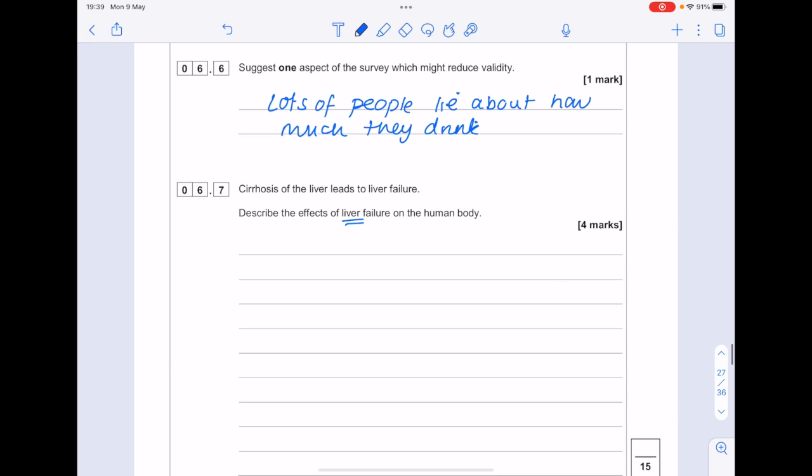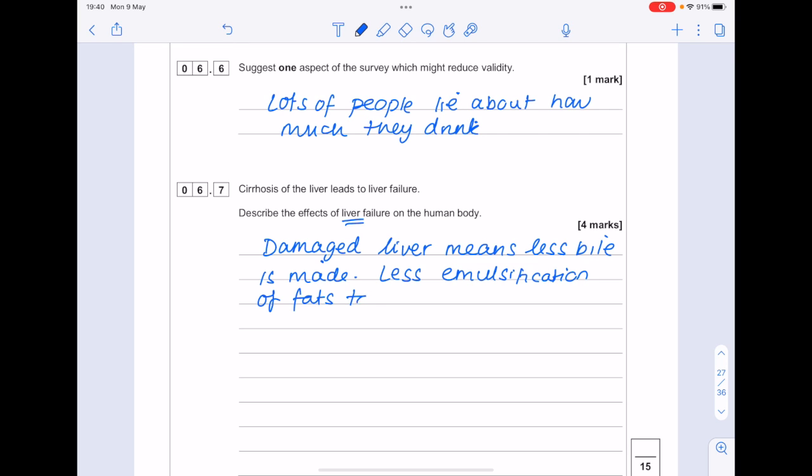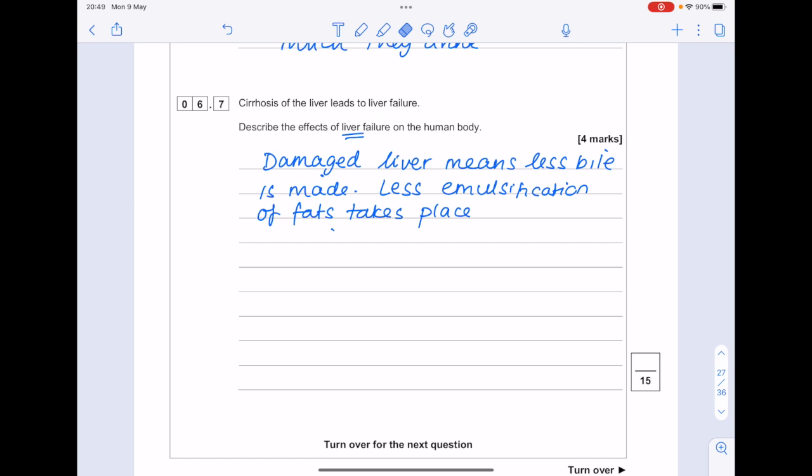Okay, well, what is the purpose of the liver? So a damaged liver means less bile is made. What is the role of bile? Well, you're going to find that less emulsification of fats takes place, meaning that their surface area is increased.